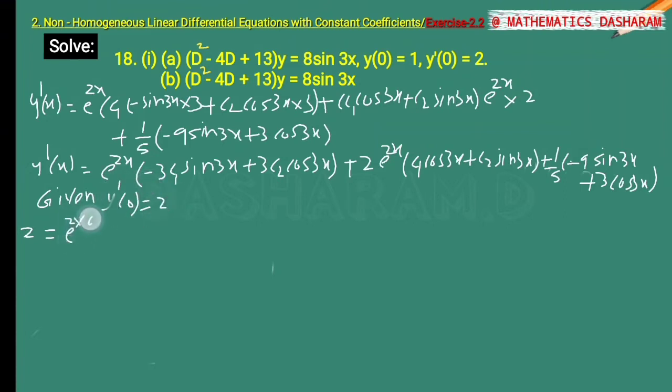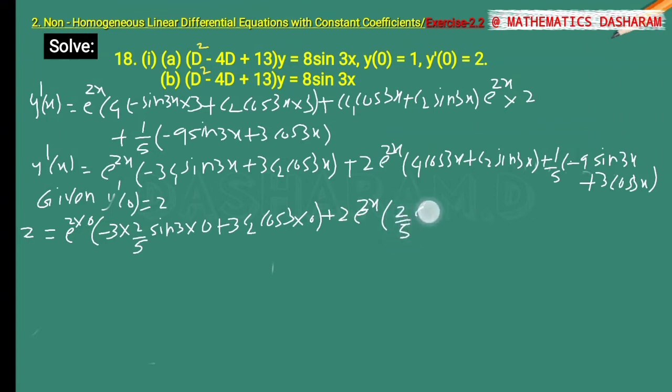So e to the power of 2 into 0, minus 3c1, with c1 value 2 by 5, sin 3 into 0, plus 3 into c2 into cos 3 into 0, plus 2 into e to the power of 2x, c1 value 2 by 5, cos 3 into 0 plus c2 into sin 3 into 0, plus 1 by 5 bracket of minus 9 sin 3 into 0 plus 3 cos 3 into 0.